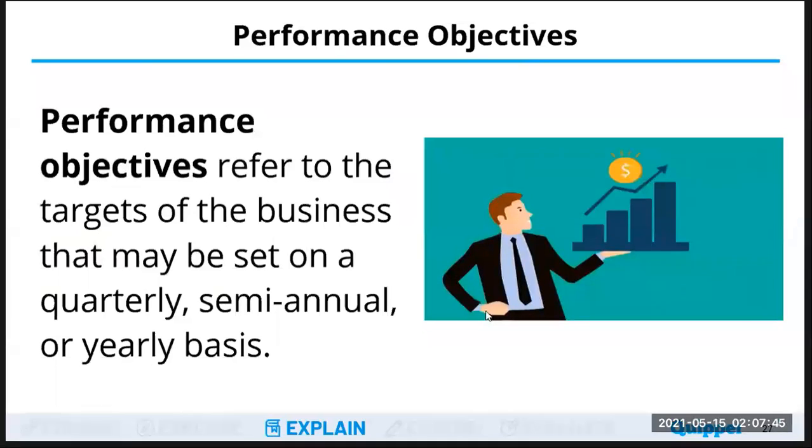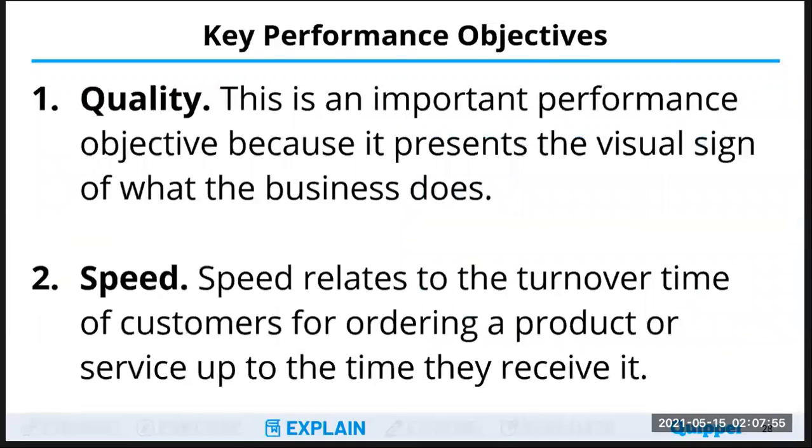For the performance objectives, these refer to the targets of the business that may be set on a quarterly, semi-annual, or yearly basis. Yan. So, key performance objectives. First is the quality. Yan. This is an important performance objective because it presents the visual sign of what the business does.